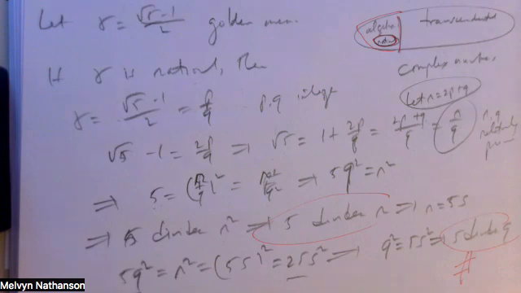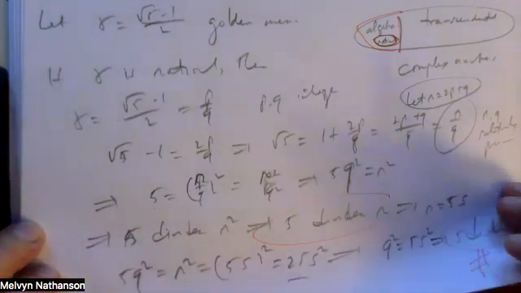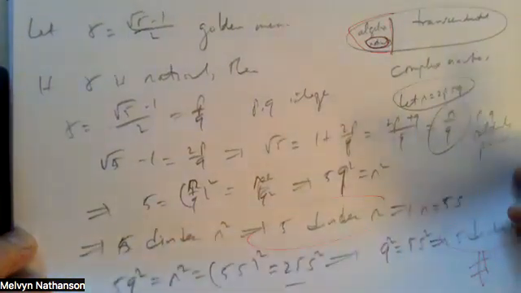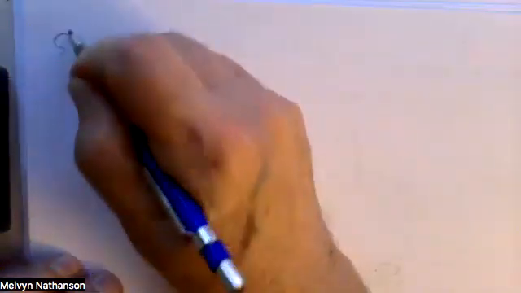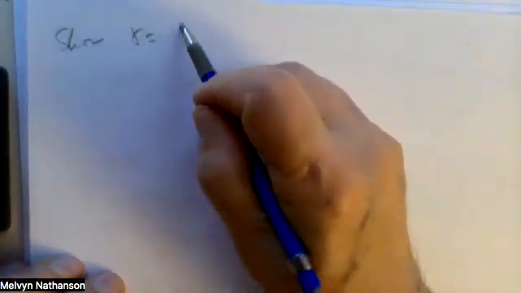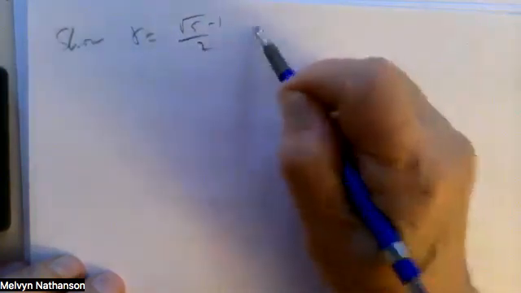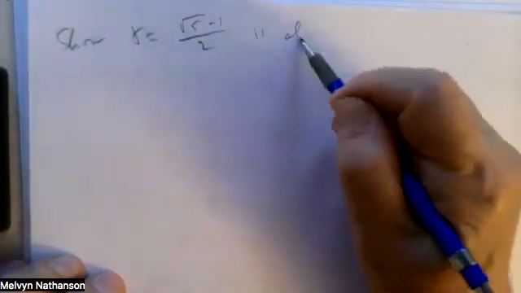So what I just showed is that gamma is not rational. It's an irrational number. But an irrational number could be algebraic or it could be transcendental. So the next step is to show that gamma, which is root 5 minus 1 over 2, is algebraic.